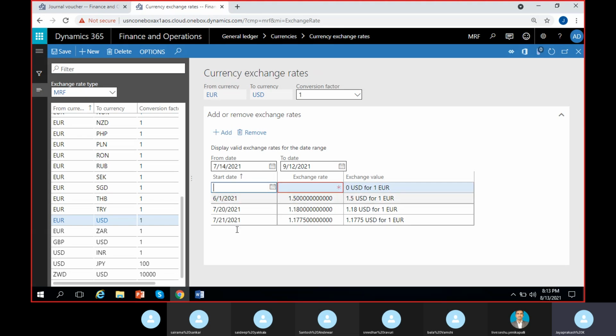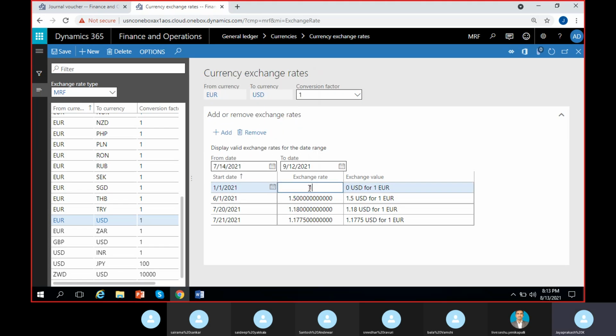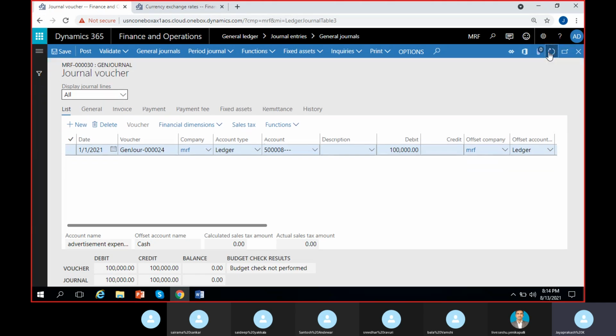So let's go for 1st of January itself and give a rate for 1st of January as 1.4 or something. So 1.4 US dollars for 1 euro. So I'll save it. I'll just save it and here I'll refresh it.